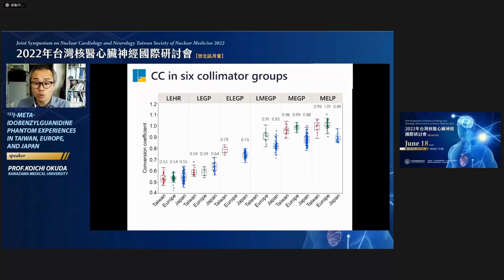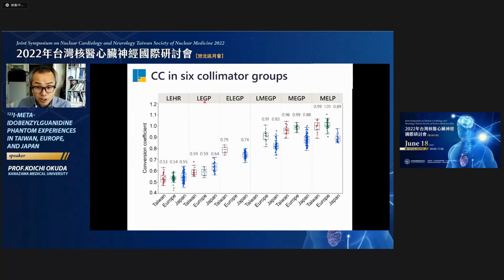This slide shows conversion coefficients in 6 collimator groups among Taiwan, Europe, and Japan. Red dots are Taiwanese data, green dots are European data, and blue dots are Japanese data. In LEHR condition, average conversion coefficients were similar among the 3 areas.